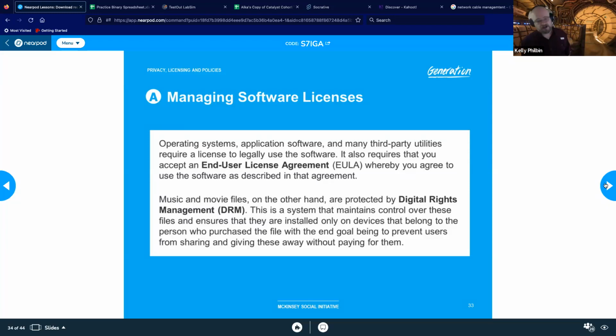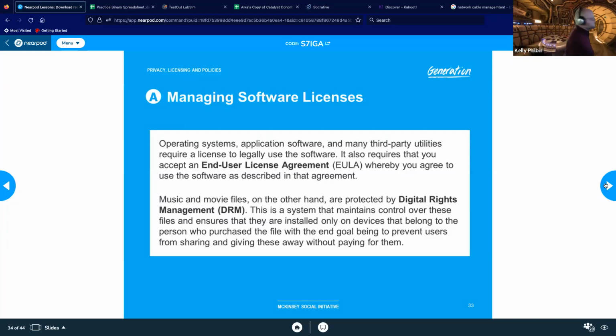Because we do not own the software that is on our computers, we lease it or license it. So this would be our operating systems and all that fall under an EULA.